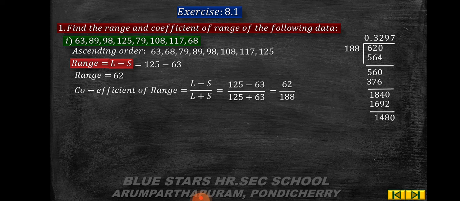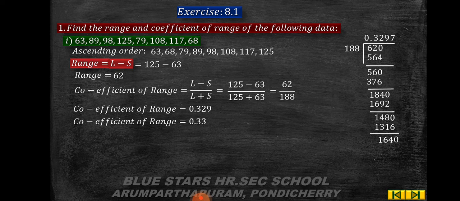Add 1 0. Then 7 times 1316, the remainder is 164. Add 1 0, it goes on. So therefore the coefficient of range is equal to 0.329. Rounding off the number, the coefficient of range is equal to 0.33.